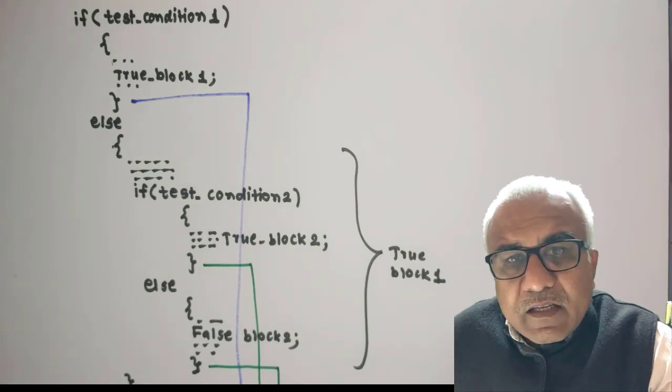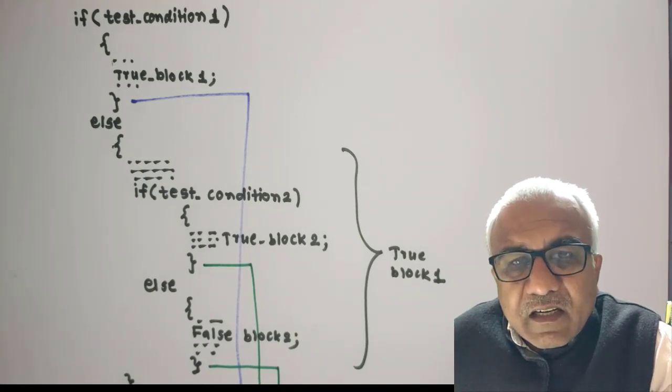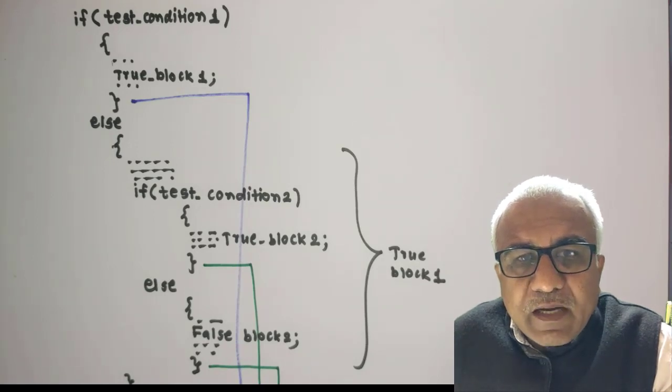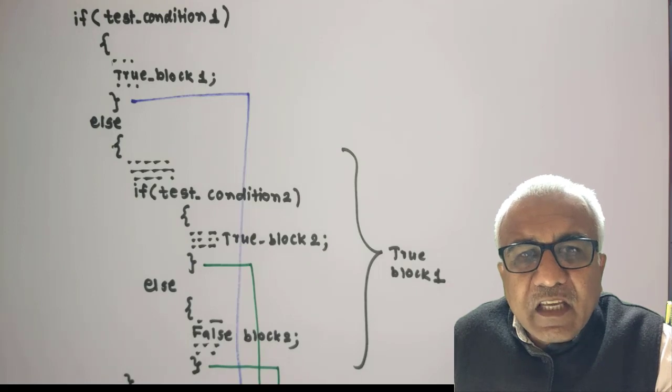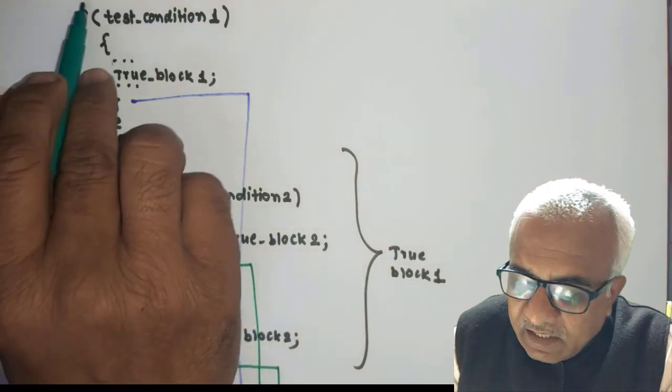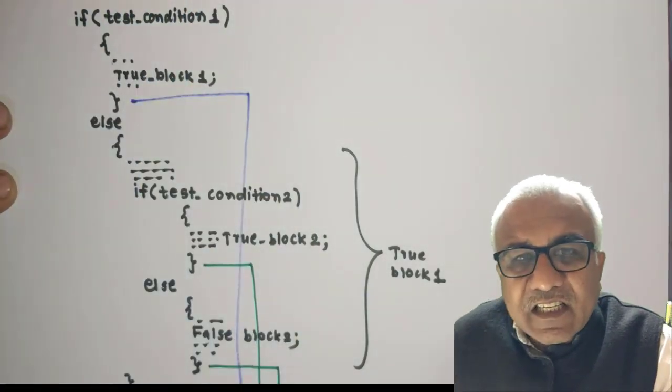So if such a situation is there, that is, the true block or false block of the if statement contains one or more other if statements, then that is called nesting of if-else statement.